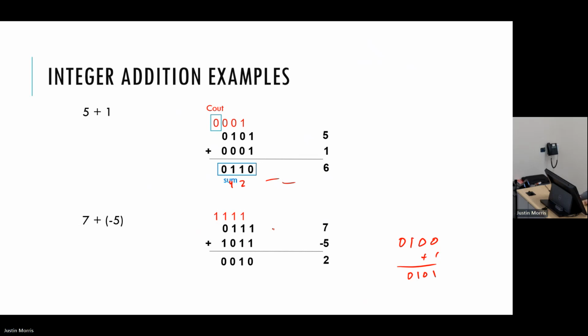And I will tell you how to know what to do with this. In this case, it's just thrown out. But later on, I'll tell you how to handle this with these signed numbers. For now, we can just check that down here, this is 2, right? So we know our answer is 2, and indeed 7 plus negative 5 is 2, right?